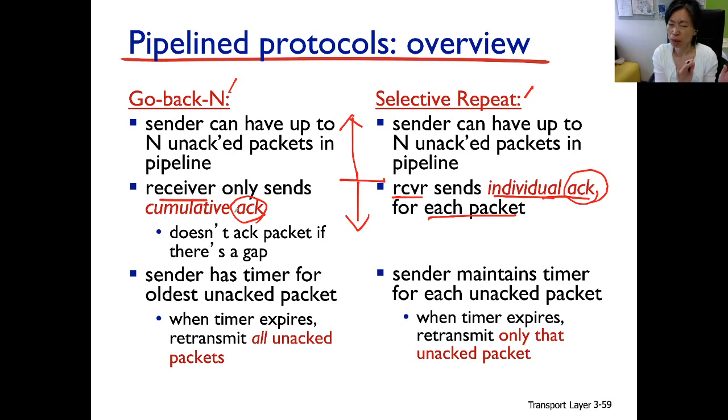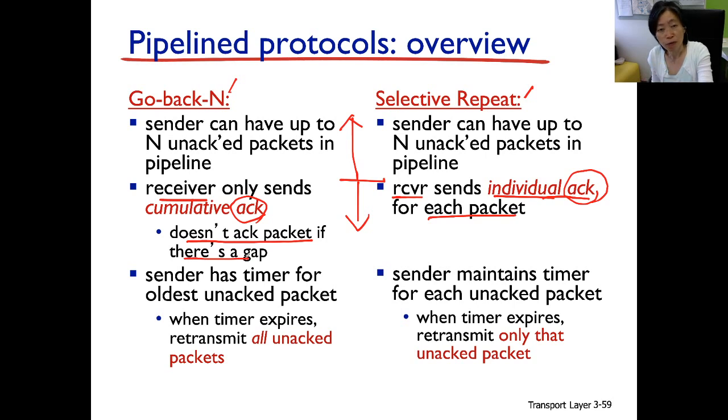So this is a bit odd. That one sequence number seems to acknowledge all the packets before it. But the fact is that what the receiver is doing is this. The receiver will not accept packets if one arrives and the receiver finds that there's a gap in between. So packet 1, 2, 3 missing, 4.